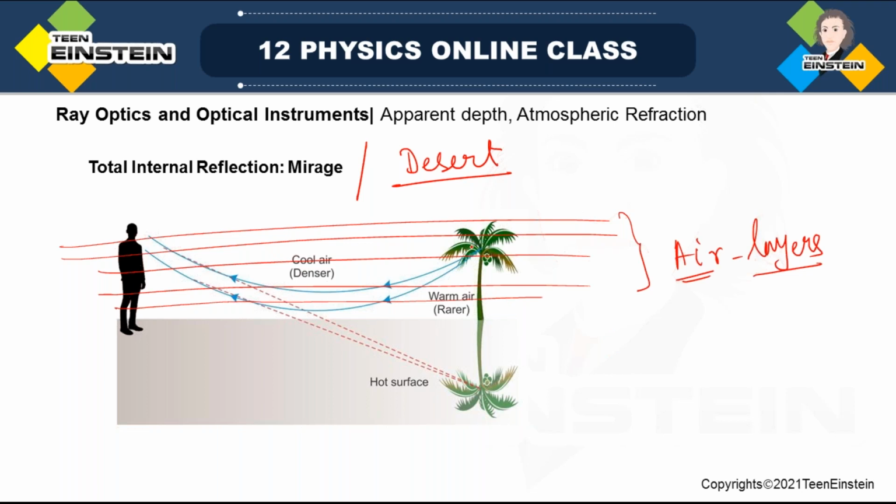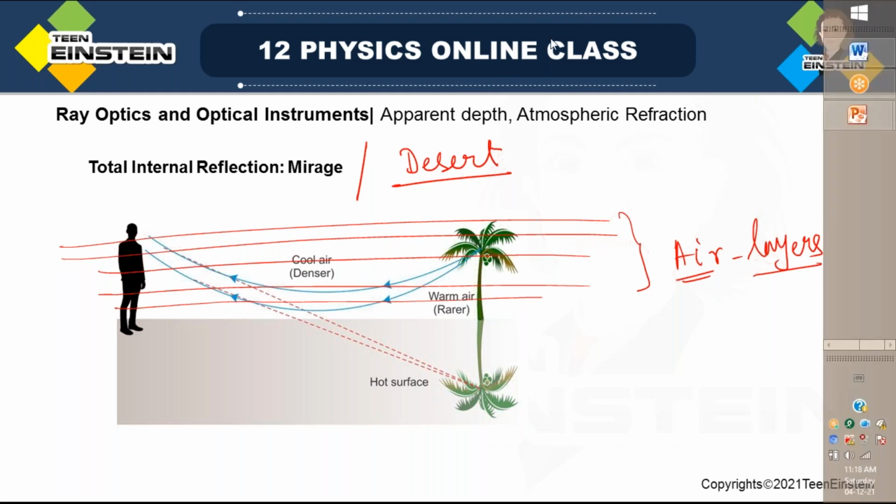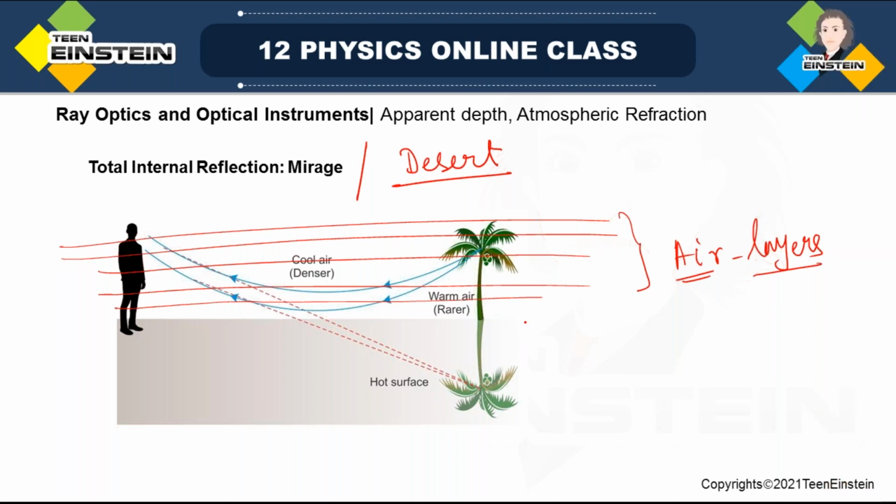So what happens? The light rays which are entering the eyes of the person in the desert are not directly going in a straight way to the eyes of the person or human being. So how does it go?